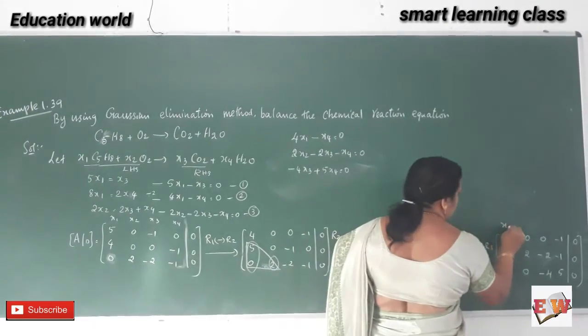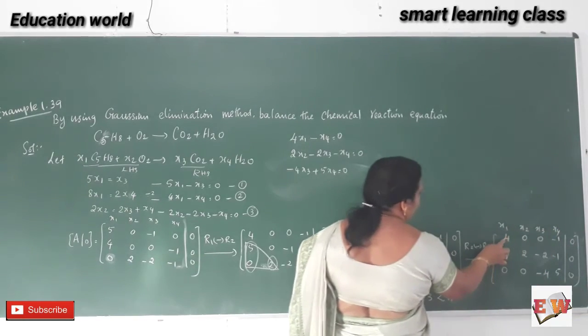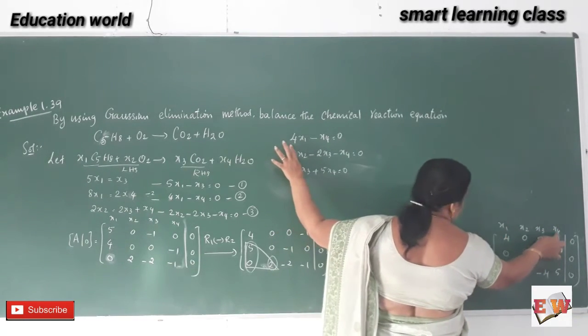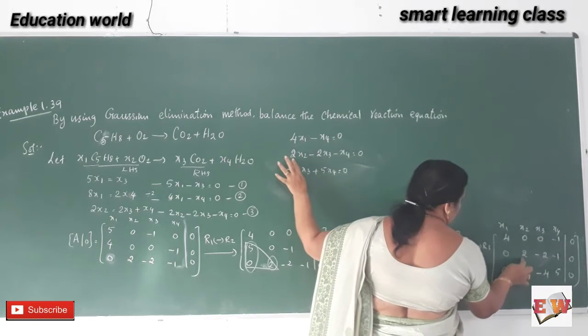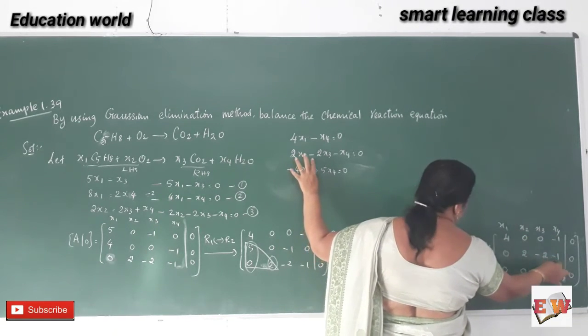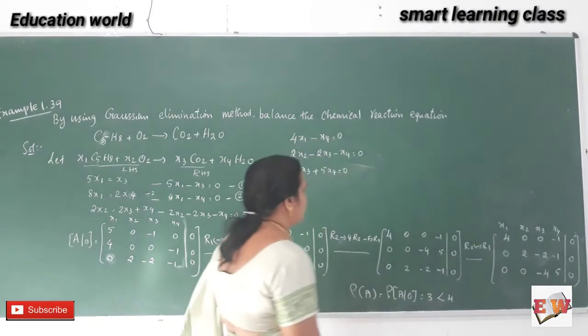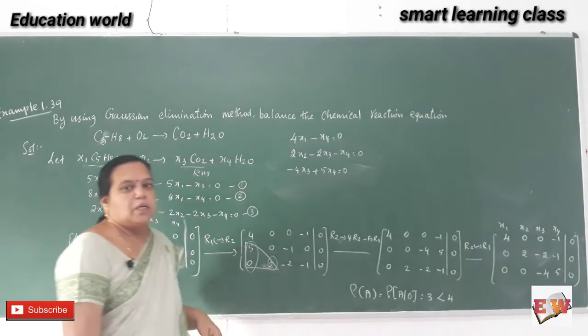This is x1, x2, x3, x4. 4x1 minus 4x4. 2x2 minus 2x3 minus x4. Minus 4x3 plus 5x4 equal to 0.